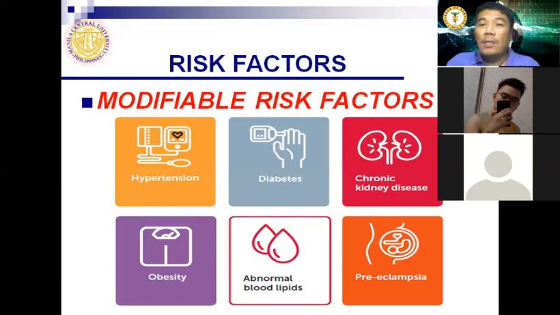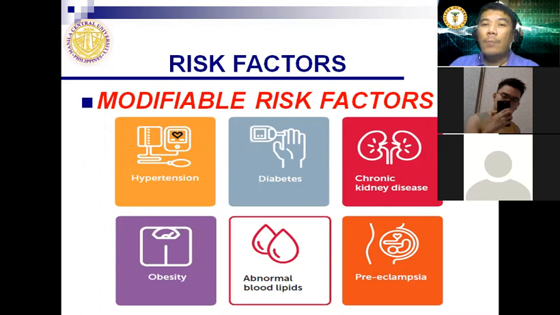Okay, class. These are considered modifiable risk factors simply because the hypertension or the hypertensive episodes are happening only during pregnancy. Again, we are no longer using pregnancy-induced hypertension, but we are already using preeclampsia and eclampsia. And remember that we can only classify eclampsia and preeclampsia if there is a result of proteinuria.